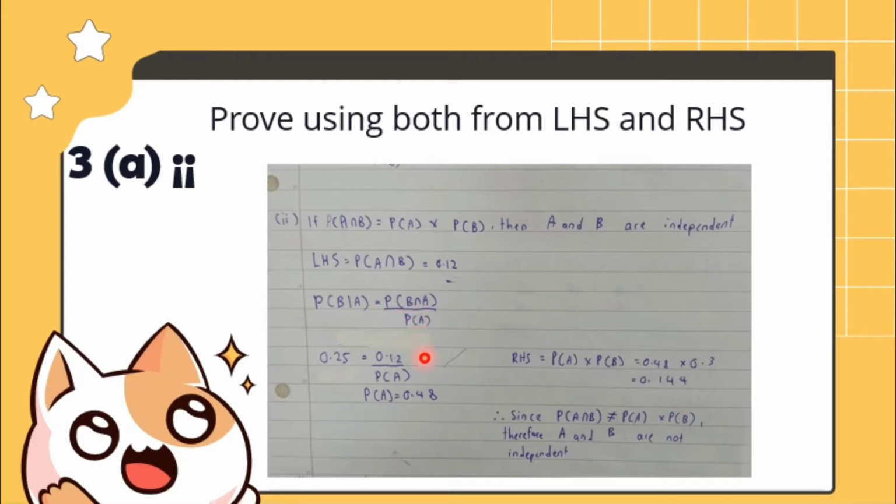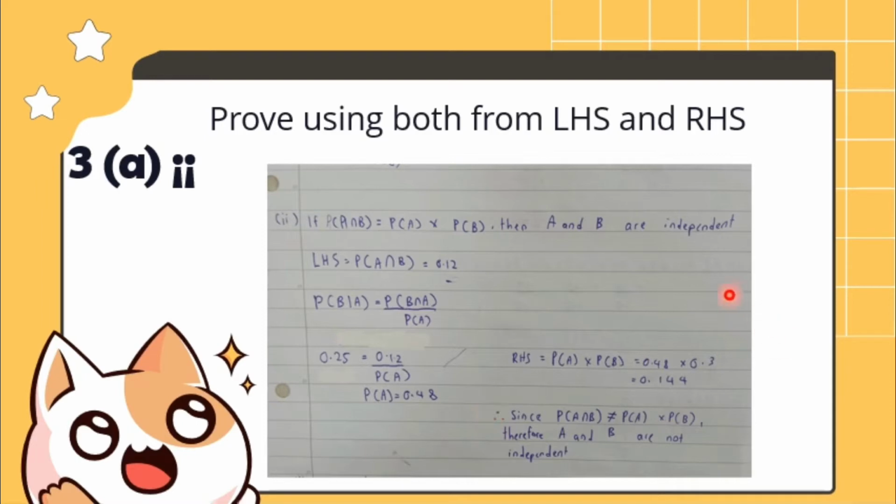We know the value for the probability of B, which is 0.3, but we don't know the value of A. So here we use the conditional probability for probability of B given A, which is given in the question, and then we substitute the values and we will get the probability of A is equal to 0.48.